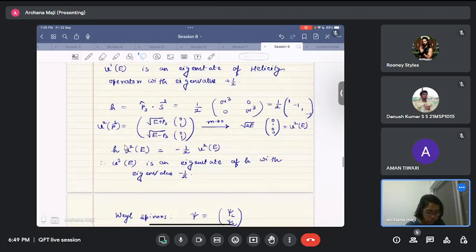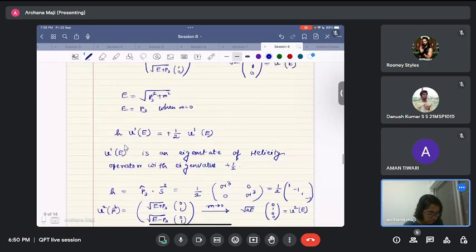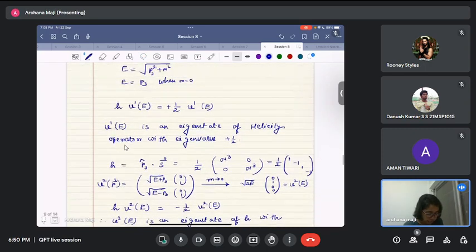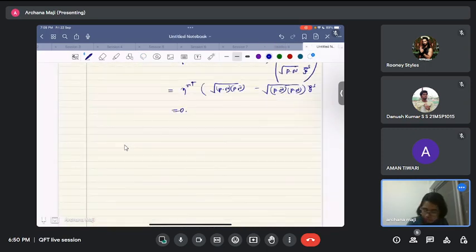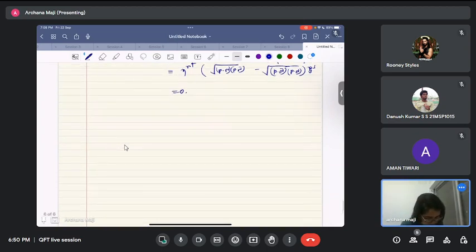Okay, good. Now let us also talk about the chirality operator a bit before we do the quantization.